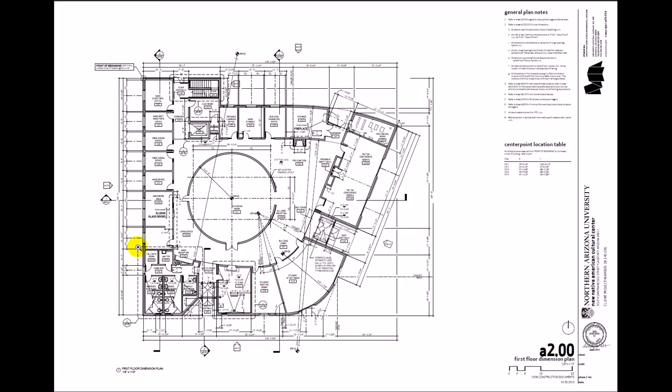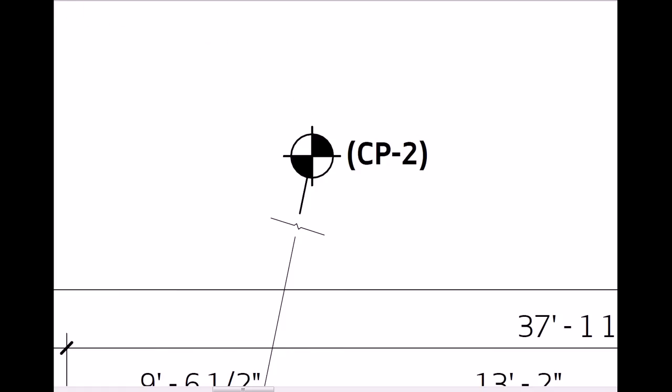I see a few things here. I see all these dimensions. I see this point of beginning. Basically this is the reference point for the whole building. Everything's referenced to that point. The circles here, the circle in the middle, and these curved walls are identified by center points right here. You can see this one right here, control point number 2.